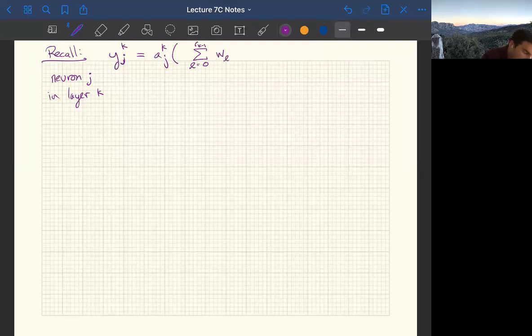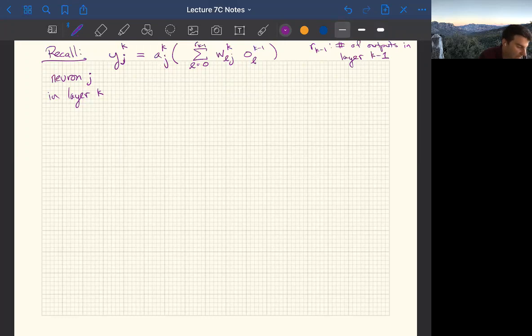So we take a weight here, W, Lj, superscript K, and these are the outputs. Here R_{k-1} is the number of outputs in layer K minus 1. This is output O_L from layer K minus 1.